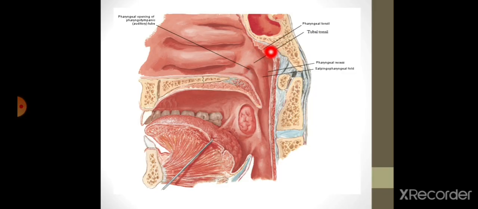Also, there is an aggregation of lymphoid tissue in the roof and posterior wall of the nasopharynx, known as the pharyngeal tonsil. So, aggregations of lymphoid tissue in the nasopharynx are the tubal tonsil and the pharyngeal tonsil. This pharyngeal tonsil degenerates at the age between 6 to 7 years.